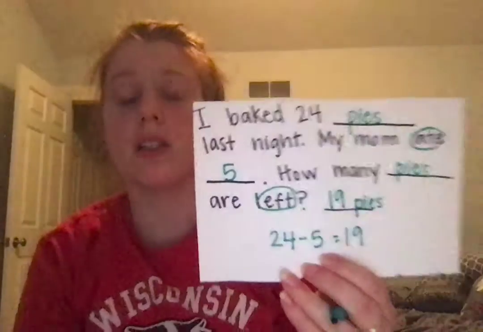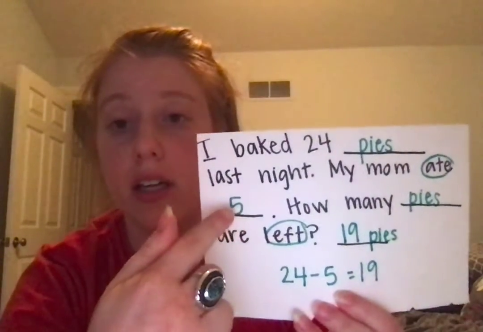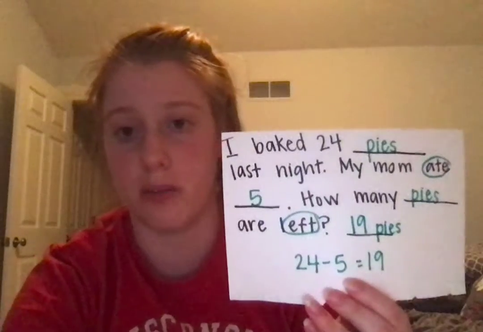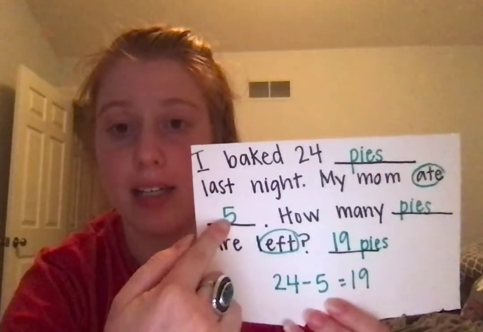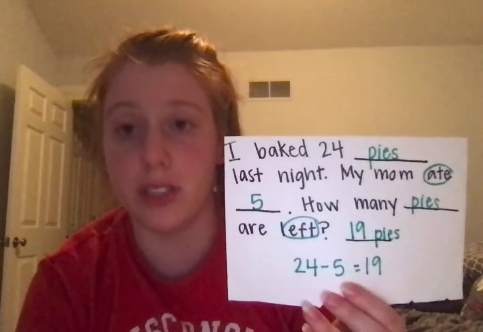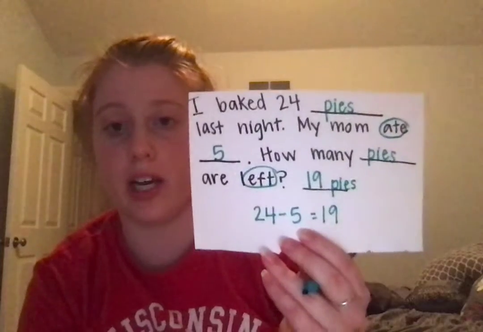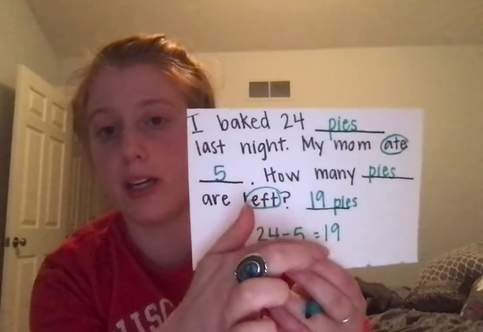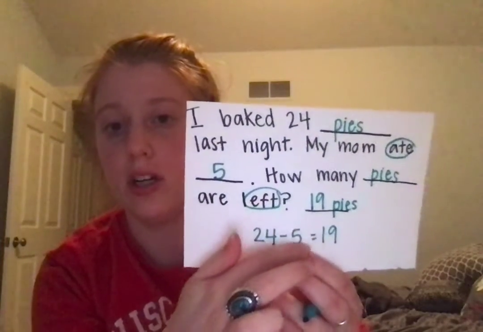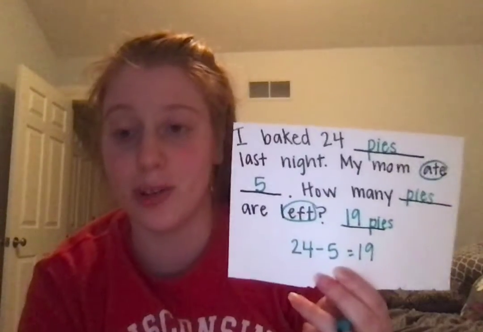All right. When I did my problem, I chose the number 5. If you also chose the number 5, that my mom ate 5 pies, then there would be 19 pies left. If you didn't choose the number 5, an easy way you can check it, if you remember, is by adding your answer plus your second addend, and if it equals your first addend, then you got it right.